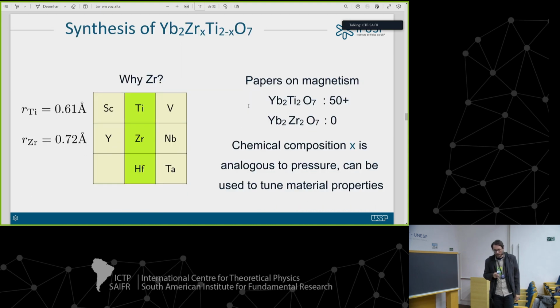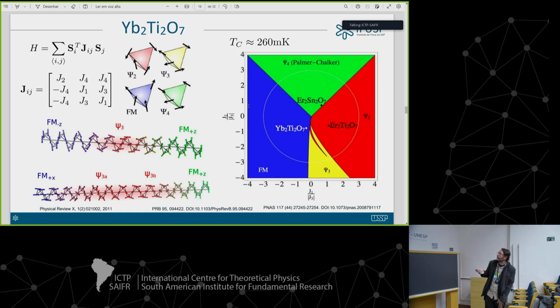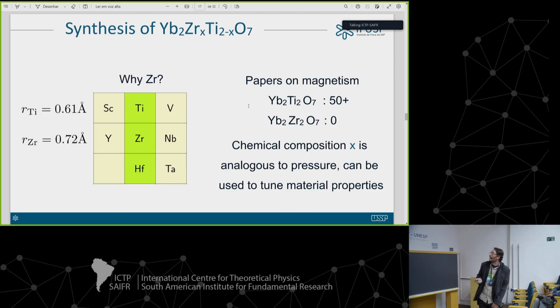Okay, so turning to our work now, we tried to explore this phase diagram here, making small changes on the structure to see if we can access these other phases, the antiferromagnetic ones, by replacing titanium by zirconium.